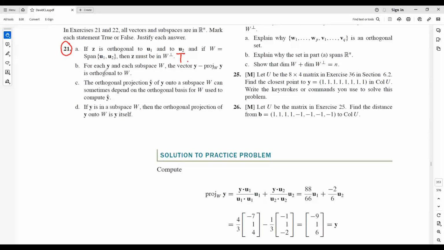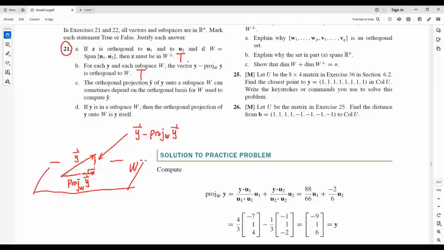B. For each y and each subspace W, the vector y minus proj_W y is orthogonal to W. True. In this figure, the vector y is here and the projection of y is here in the space W. Then the y minus proj_W y is here. This is orthogonal to W.